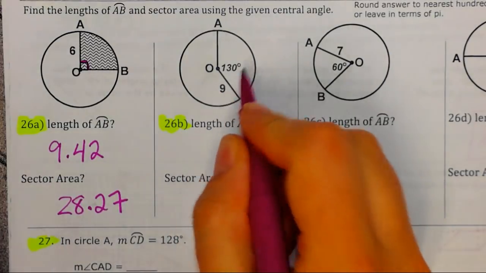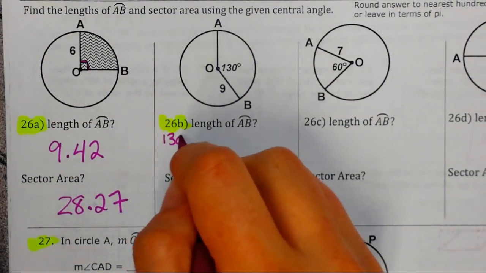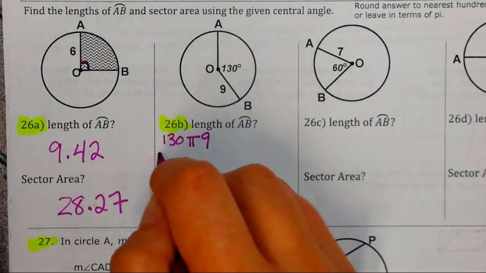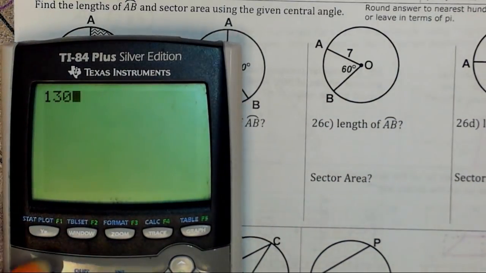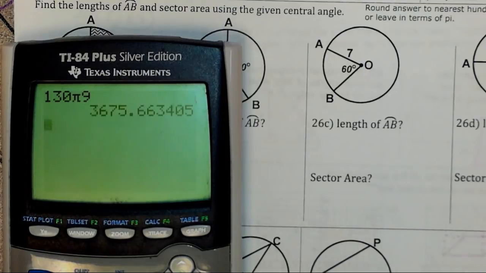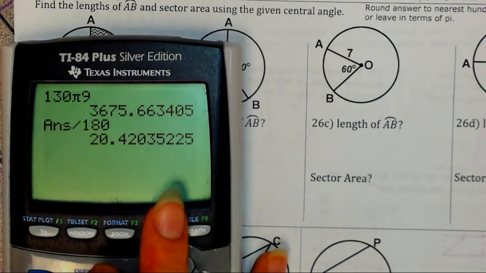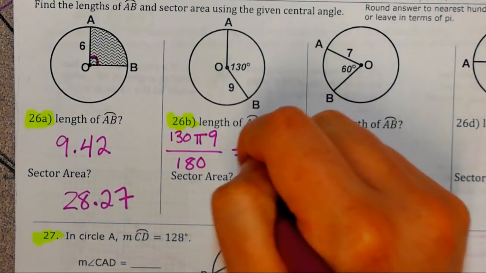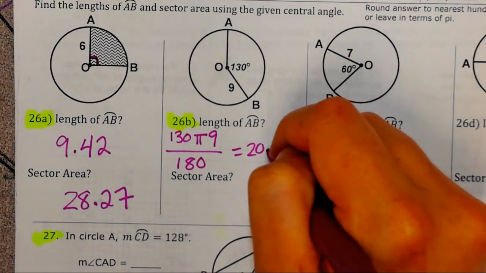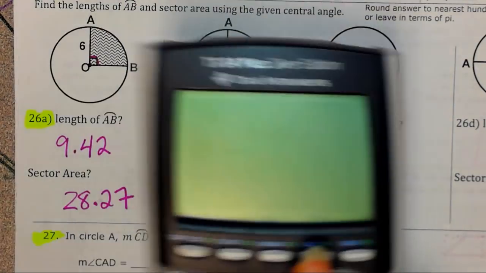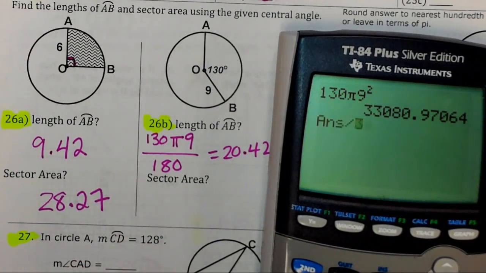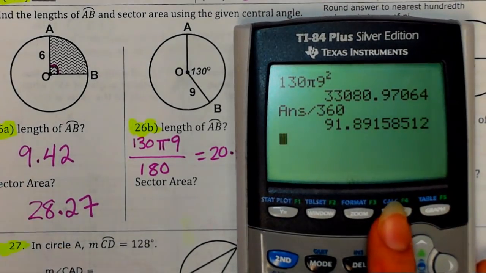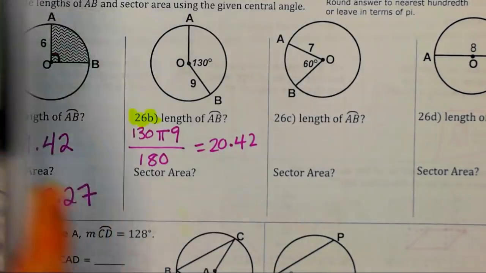So once again, our angle is 130. Pi times 9 over 180 for arc length, so that's about 20.42. And for sector area, we would have 130 pi 9 squared over 360, which gives us about 91.89.